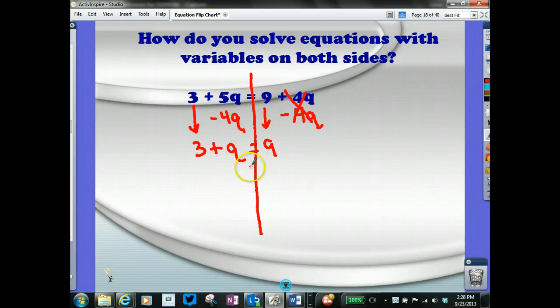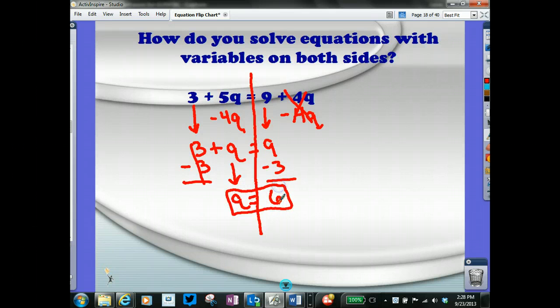Well, I need to get q by itself. I take the 3, I have to use the inverse, subtract 3, and I don't divide here simply because it's not 3q. They're not multiplying, right? They're adding, so I do the inverse. 3 minus 3, 0. Bring that q down, it's going to equal 6. 9 minus 3 is 6.